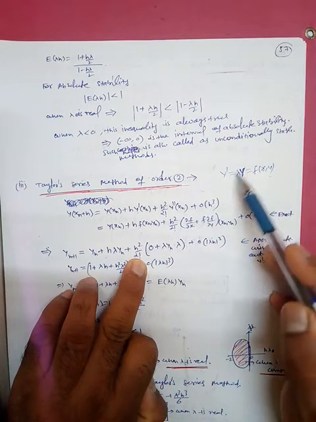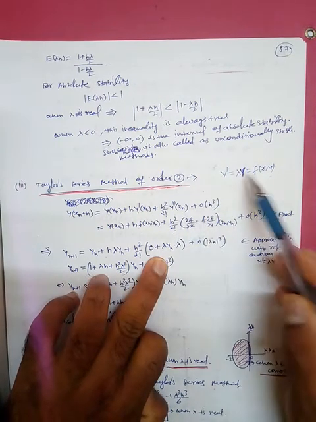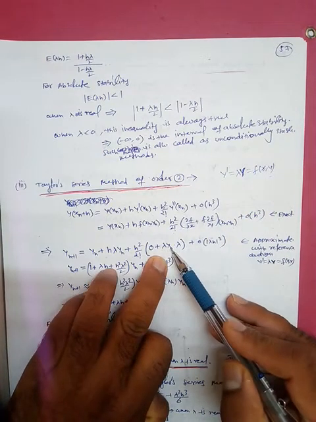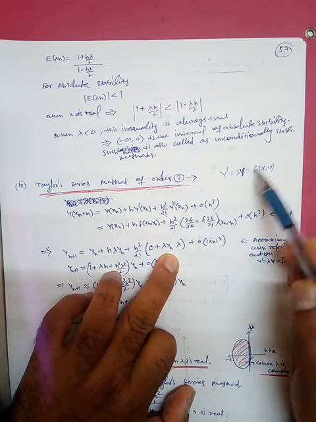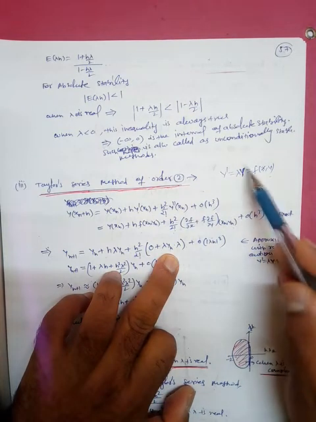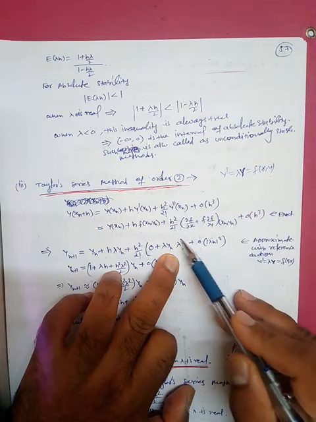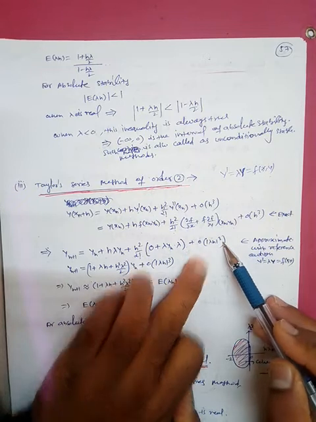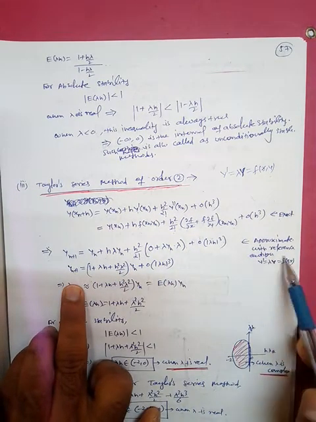Plus f is lambda y; at the point xn and yn, its value will be lambda yn, and then del f by del y. First partially differentiate f with respect to y, so only lambda comes. So we put that value here, plus higher order terms, of order lambda h cube. This is the approximation with the help of the reference equation.